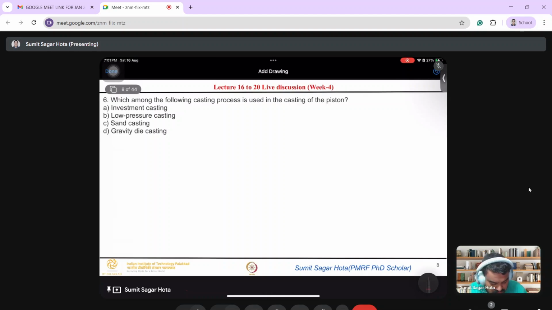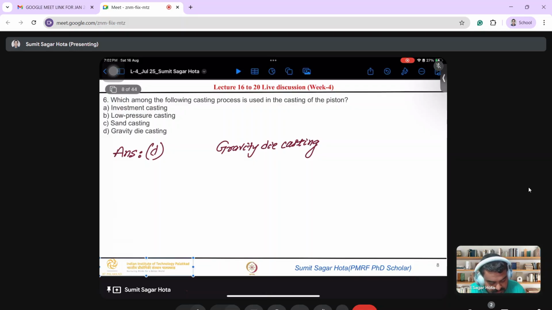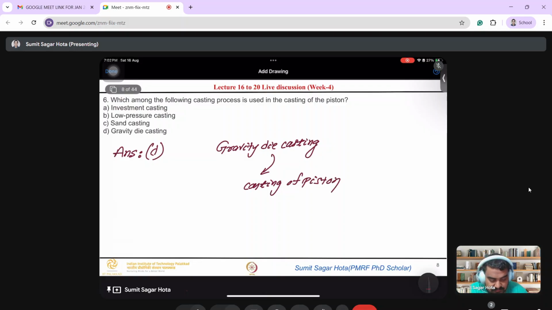So gravity die casting is used for casting of the piston.